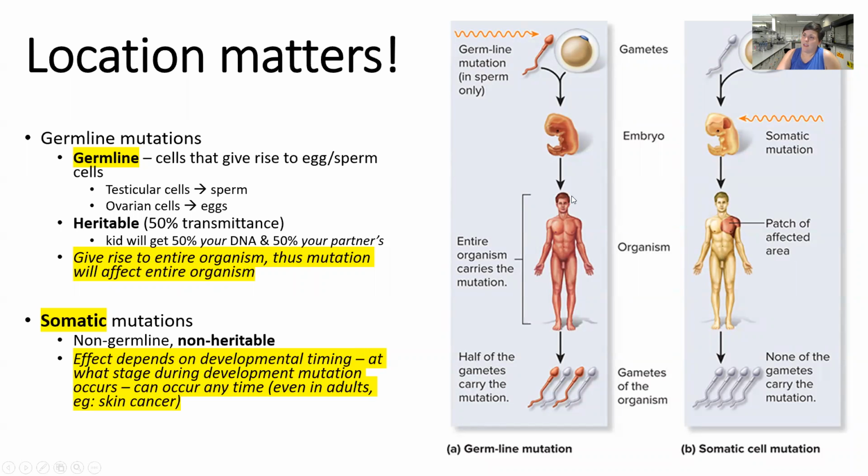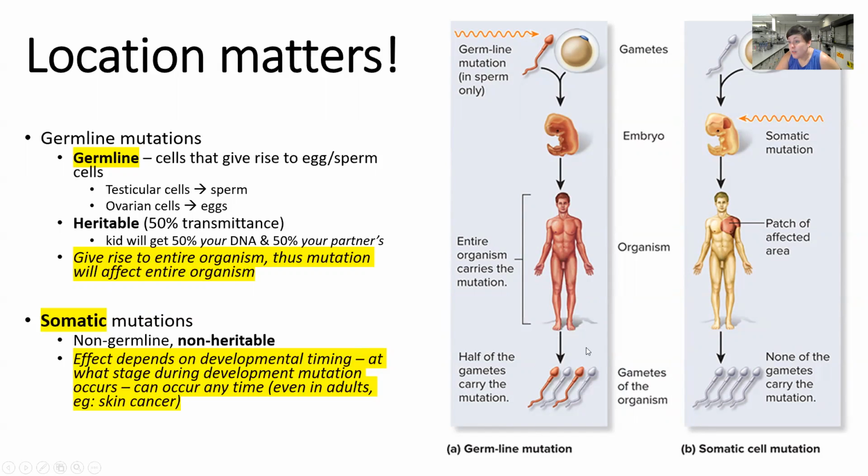The reason it says that half of the gametes carry that mutation is that going from zygote to fully grown organism requires mitosis. We're going diploid to diploid, so all the resulting cells are going to carry that mutation. But the process of going from organism to production of sperm involves meiosis, where the genetic information in that individual is reduced by half.